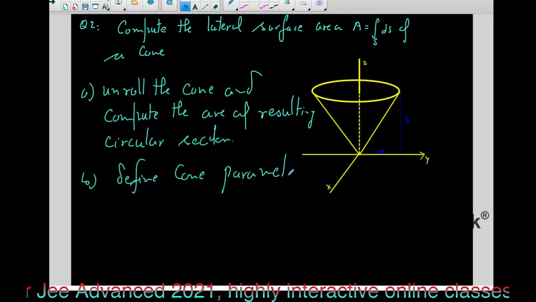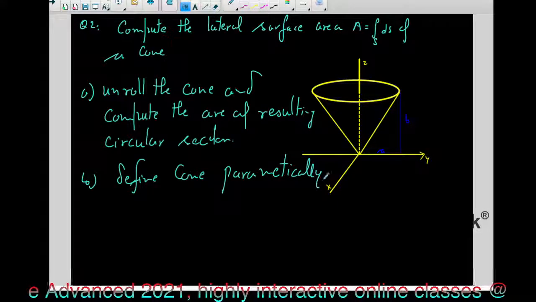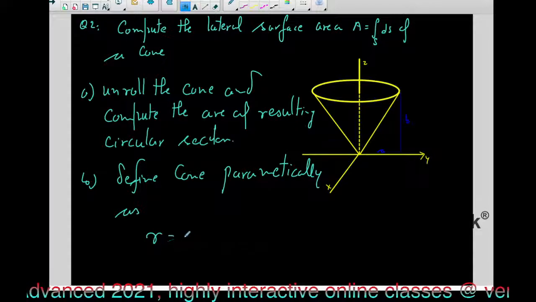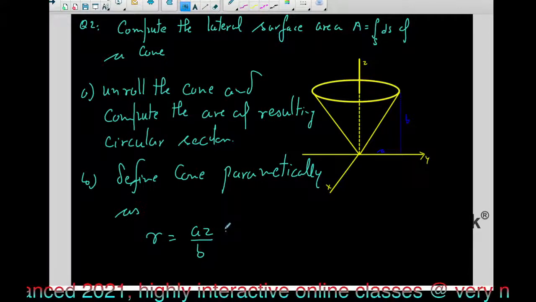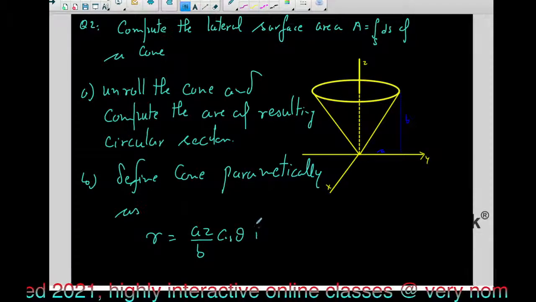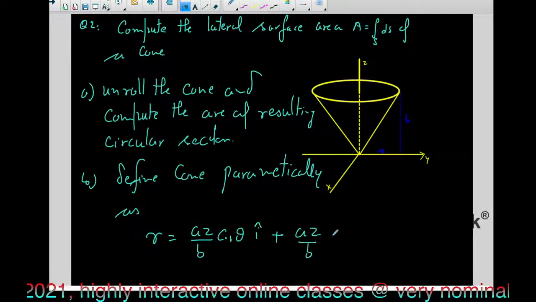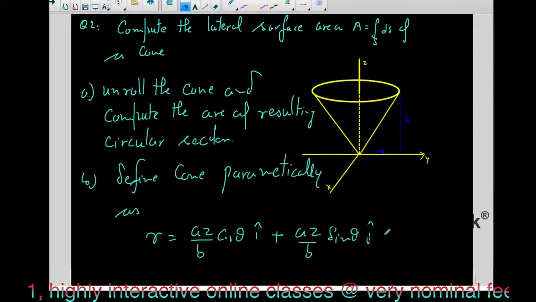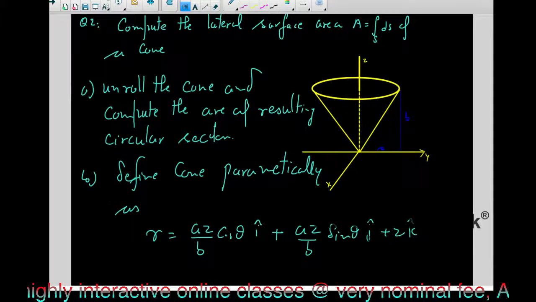Don't worry, I will give the parametric equations also parametrically. That is R equals a z upon b cos theta, this is the equation of the cone, plus a z by b sine theta, that is unit vector j, plus z k unit vector, correct?